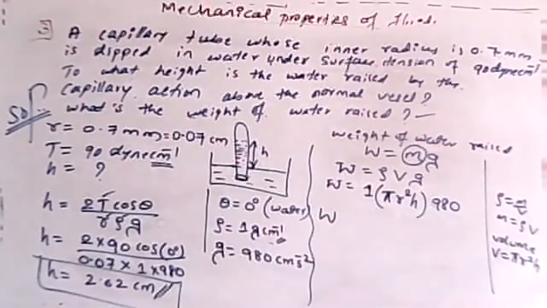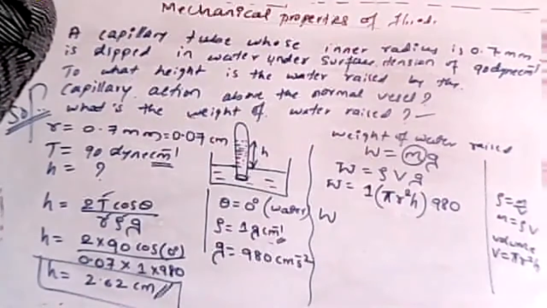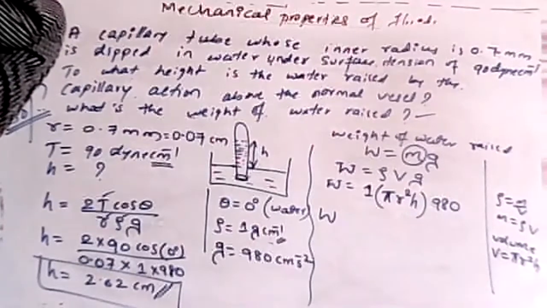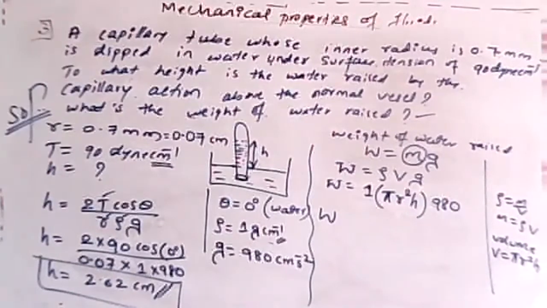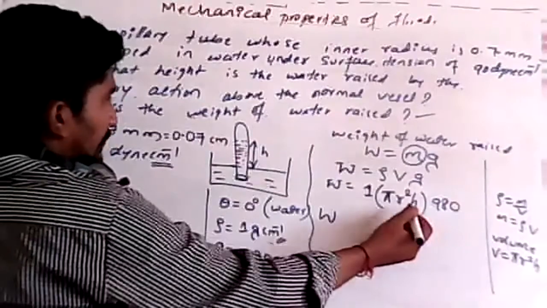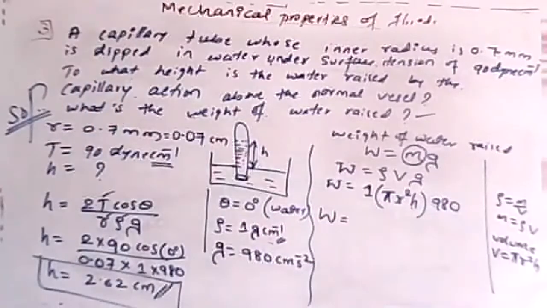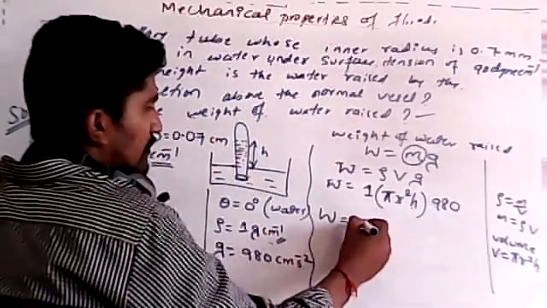Can you tell me the value for this weight? Now it comes under centimeter. These are also in terms of centimeter. So you will get the weight, students. Just check your answer.